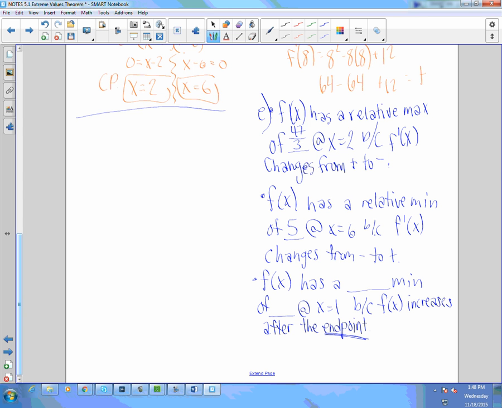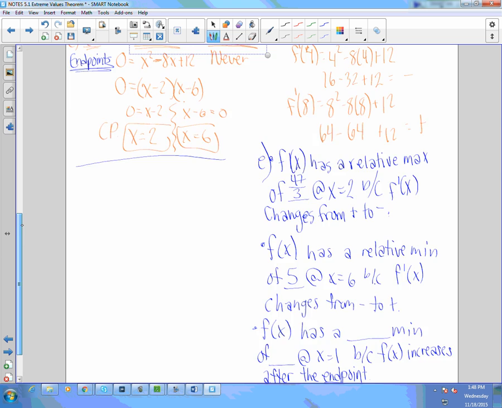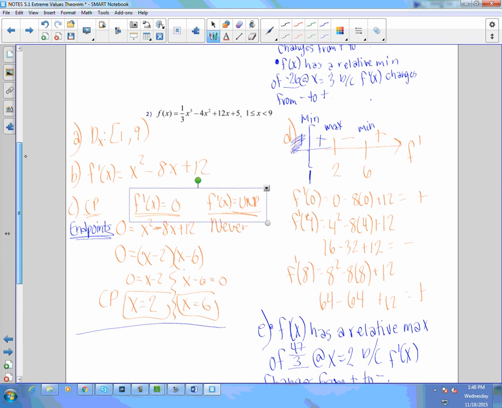So, if we plug in 1 into f, that's easy for us to do. Plug in 1 into f so we can determine which one is our relative min versus which one is our absolute min.